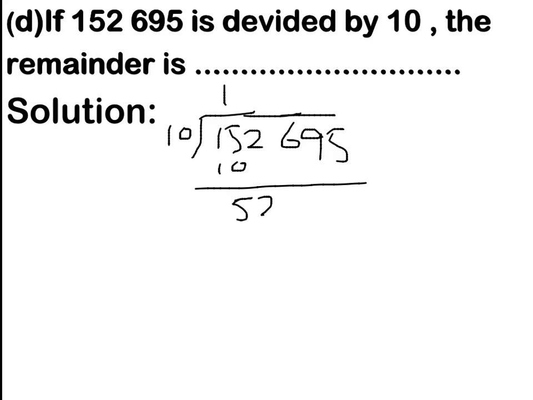Next digit 2. 10 5s are 50. Next digit is 6. 10 2s are 20.